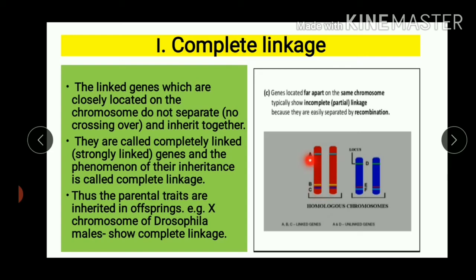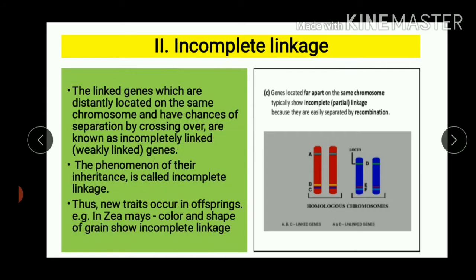But in the case of A and B or A and C, these genes are far away from each other, so the chances of A being inherited together with these genes are very less. Thus the parental traits are inherited in the offspring. For example, the X chromosome of male Drosophila shows complete linkage.